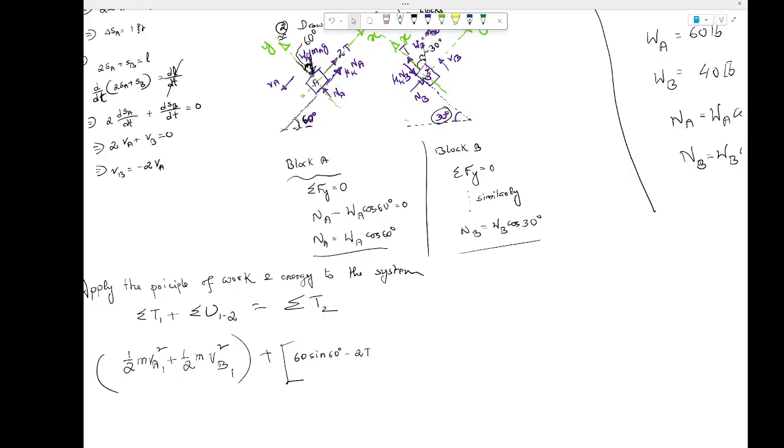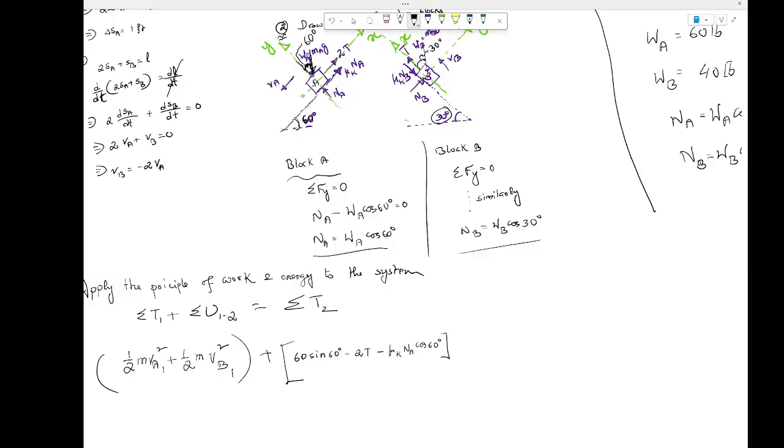Now, if you assume the friction is 0, then you can write it 0. If you assume there is a friction, then the friction is again negative. It's the same direction of 2T, right? So negative of mu_k N_A, which is cos of 60.